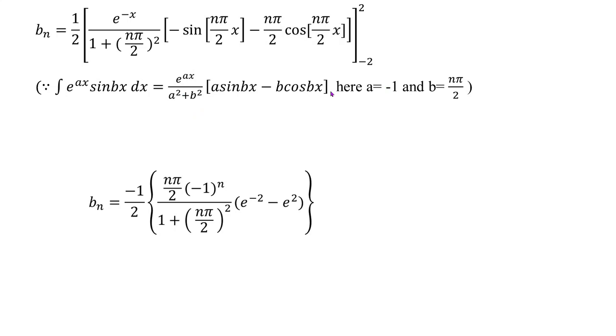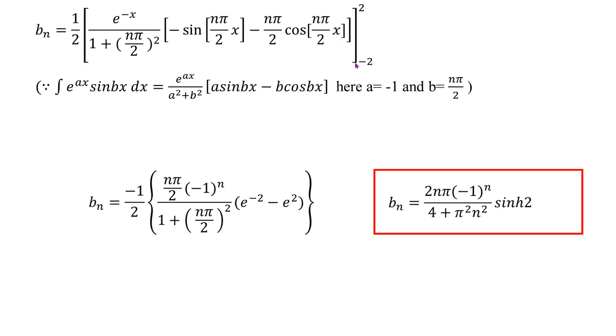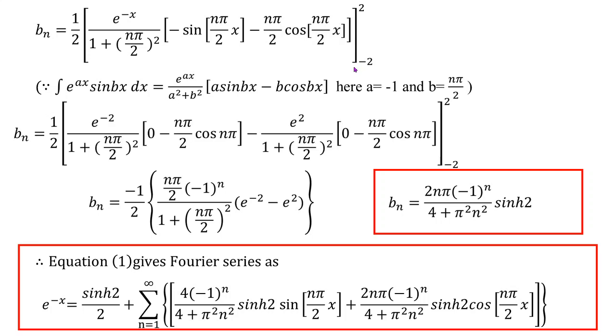Now using this and simplifying, applying the limits, what shall we get? We shall get this step, right? For the sine term, when I put the upper limit, it reduces to sin n pi, which is 0, so the first term is 0. For the lower limit also it reduces to 0.